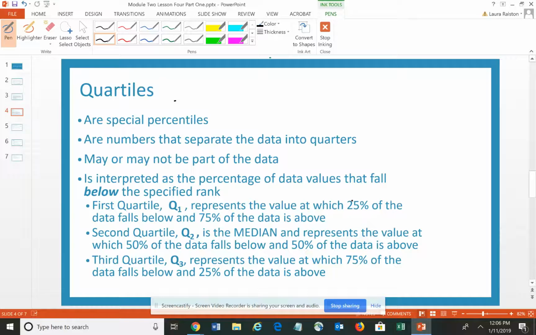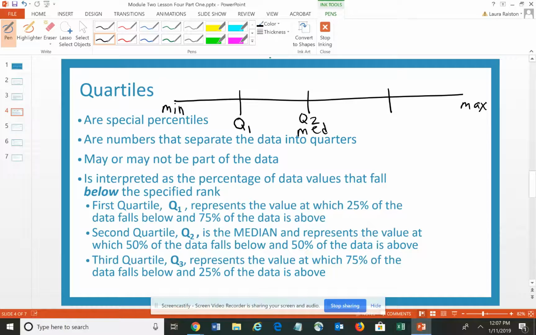Okay, so you would have your number line of your data, you would have to rank them. So you would have it ranked with the minimum up to the maximum. And then you're going to divide it into 4 equal sections so that you would have quartile 1, quartile 2, which also represents the median, and then quartile 3.